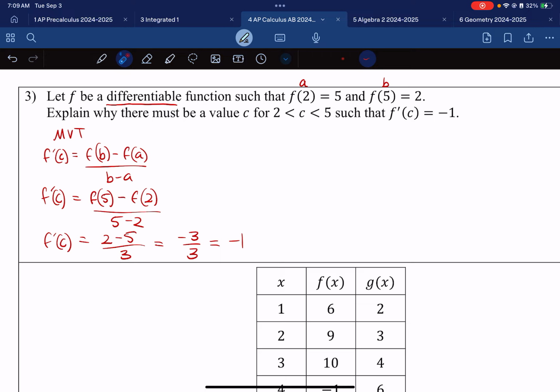So you can say, here's my full, okay, so this is like the analysis. This is my scratch work that is important for the AP grader to see.